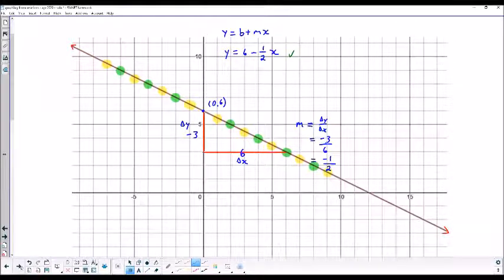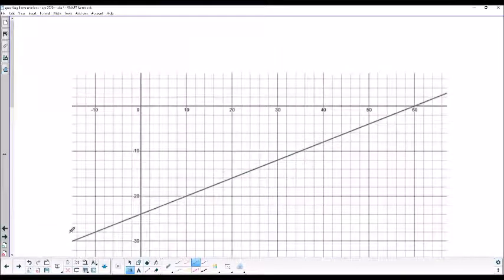Okay, and just one more quickly here. We've got another line here, and so I'm going to do the same thing. I'm going to use y equals b plus mx. And so I look for the y-intercept, and the y-intercept is going to be right here. Look at the scale. I see that we've got 5 spaces between 0 and -10, 5 again here.